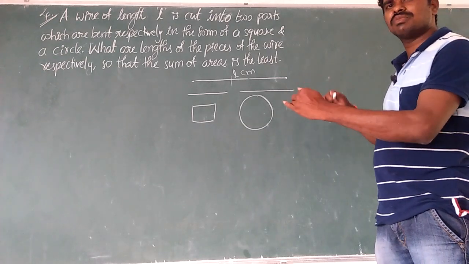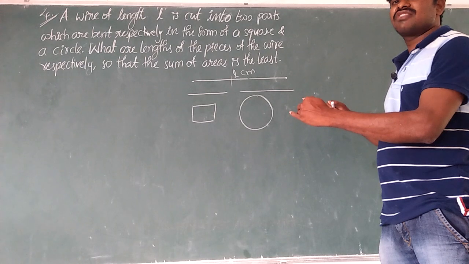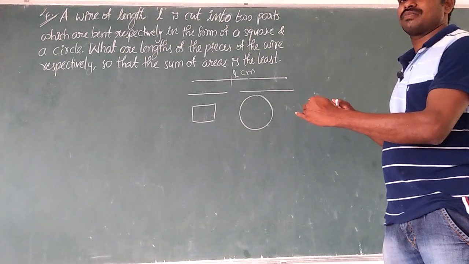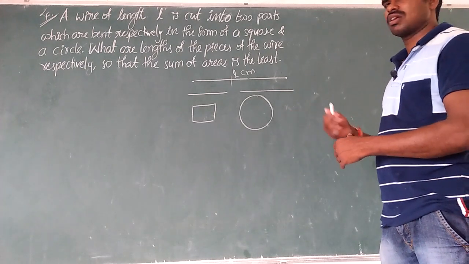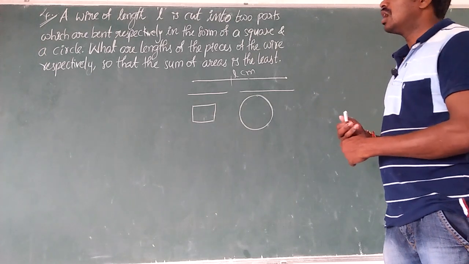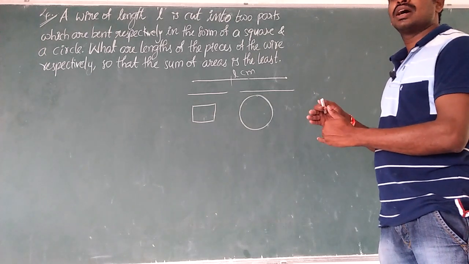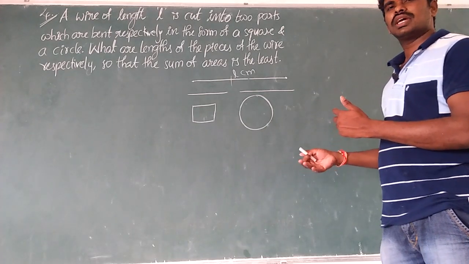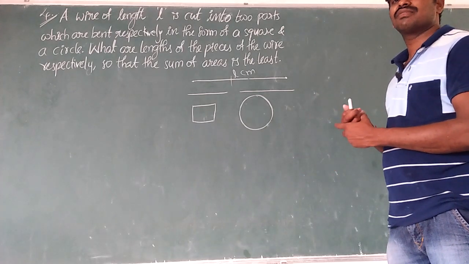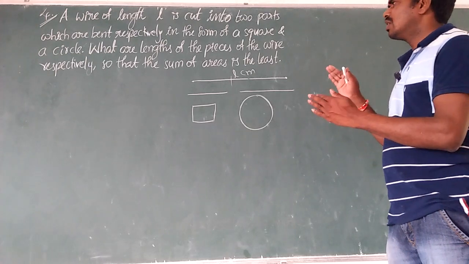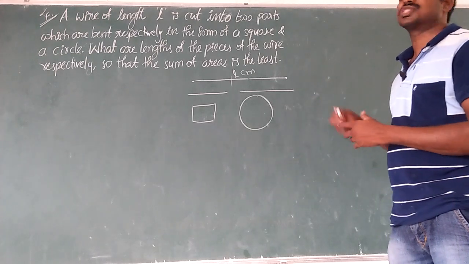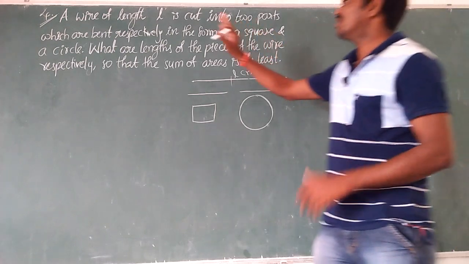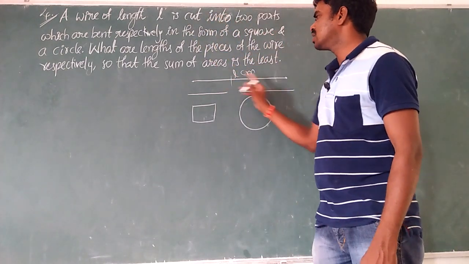Then we should form the equation or expression in terms of x or some other term. After that we take the derivative, set f dash of x equal to 0, then find the value of f double dash of x. Then we can state the answer for the given question.